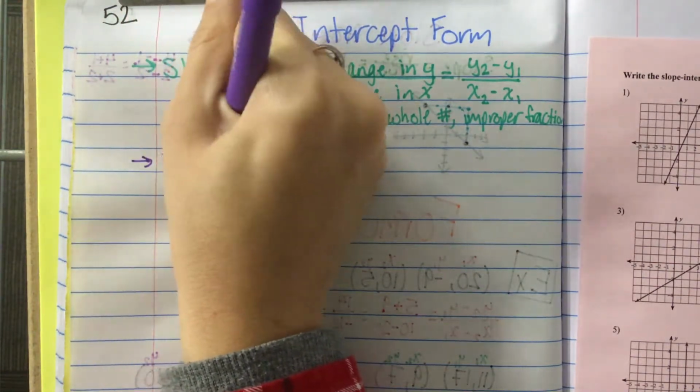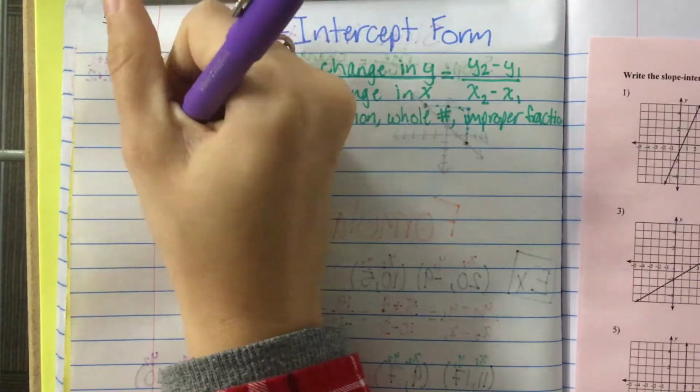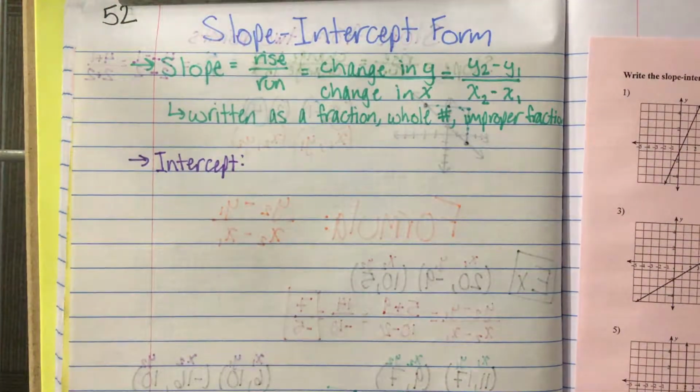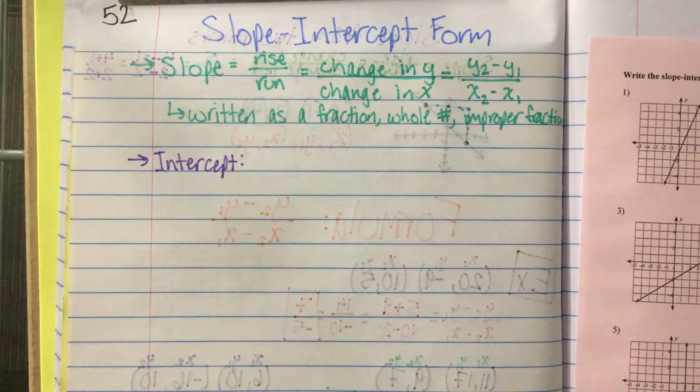Intercept. What do we think intercept means? I believe we had a question in our bell work about this not too long ago. When something intercepts something, what does that mean? When two things meet. So, when a line crosses another line, the lines intercept. Here we're talking about when our lines intercept an axis.